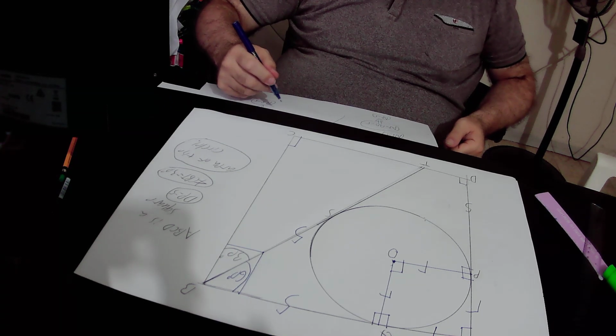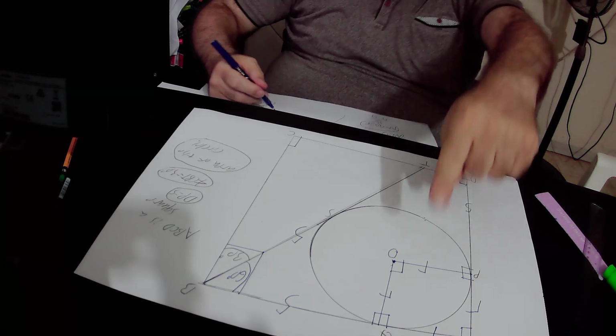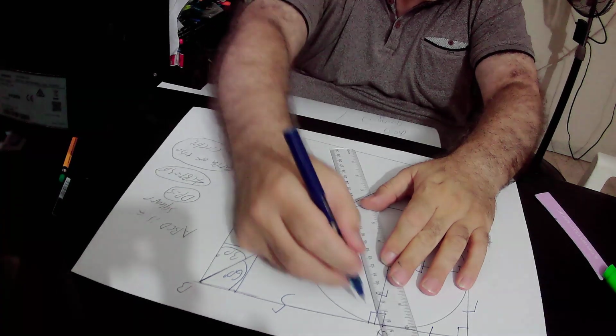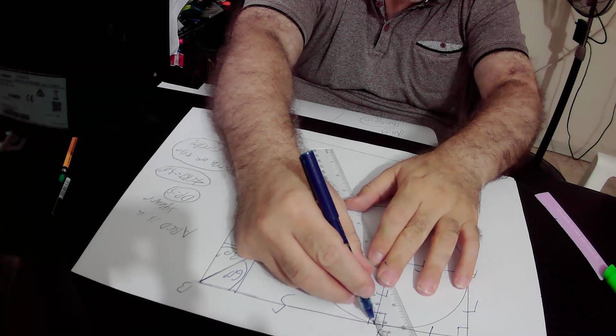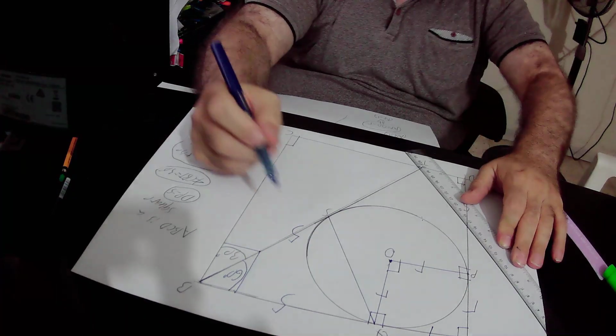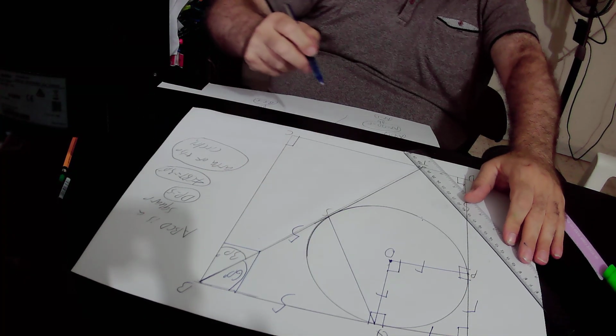In the next step, we will join points Q and S together by a straight line, and we will focus on triangle QSB.